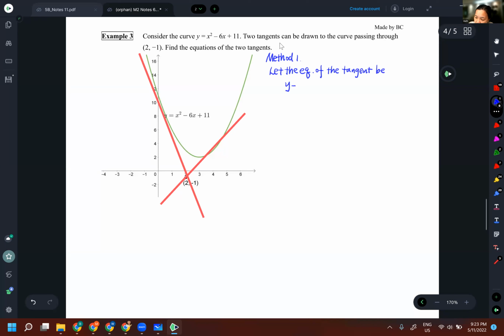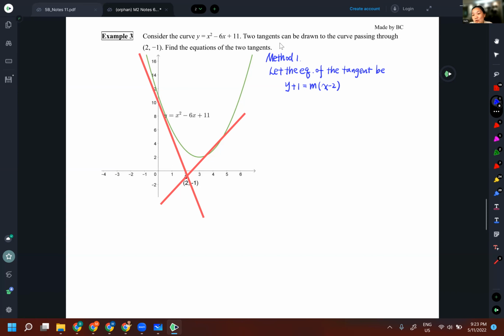y minus -1, that's y plus 1, equals m times (x minus 2). This is because I know the tangent passes through (2, -1), and I just don't know what the slope is.